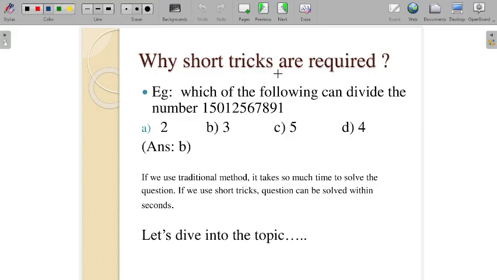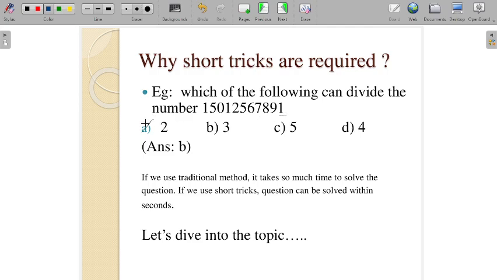Let's say the options are 2 and 4. For 2 and 4, the basic condition is that the last digit of the given number should be an even number. Here the last digit is 1, which is an odd number.